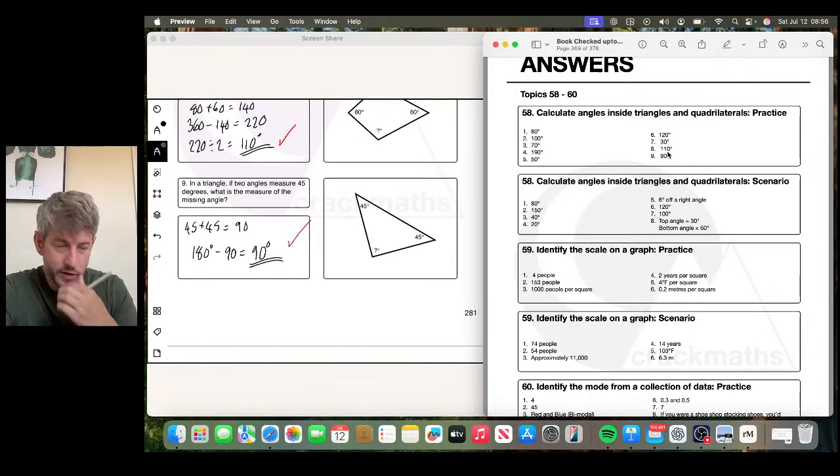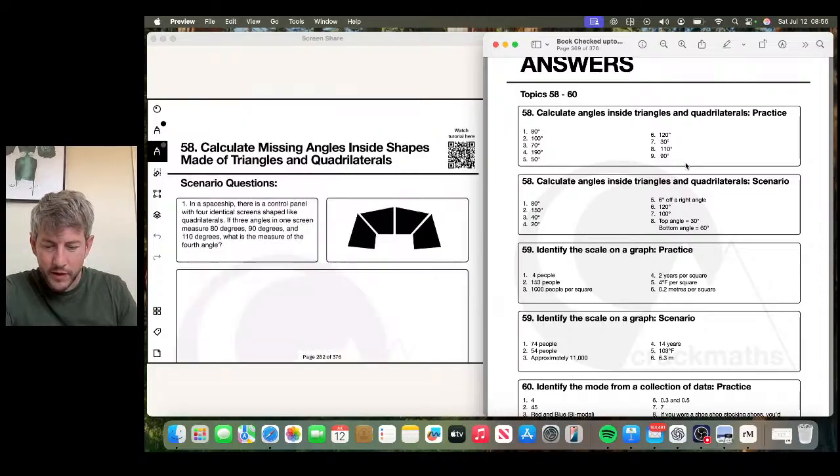And 90 degrees for question 9. Okay, wonderful. Okay, scenario questions.